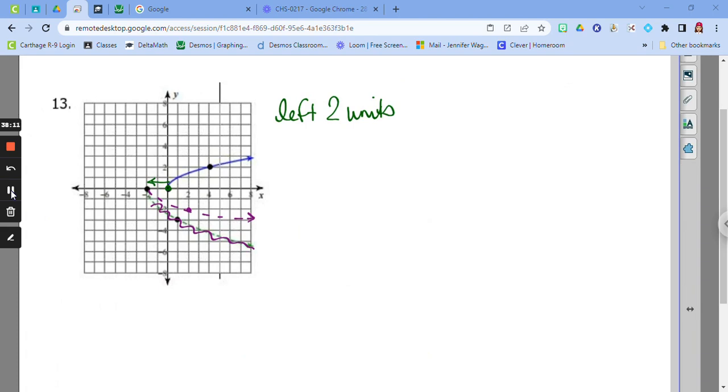So we have a reflection over where? Which axis? It curved over which axis and now curves under which one? All right.